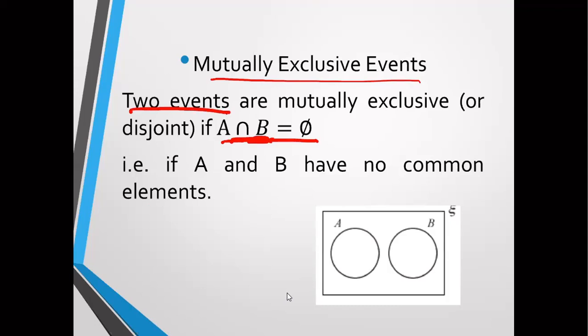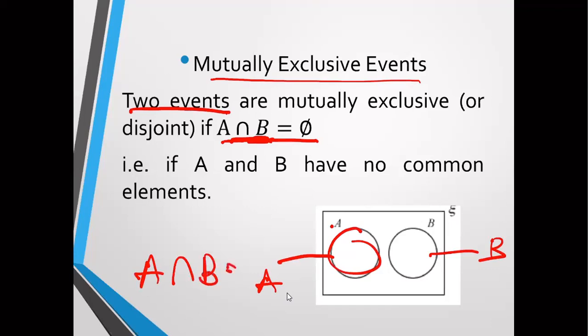Here we have two events, event A and event B, and you can see that there's no common region, no common elements. Therefore, A and B are called mutually exclusive events. The requirement is A intersection B should be a null set.